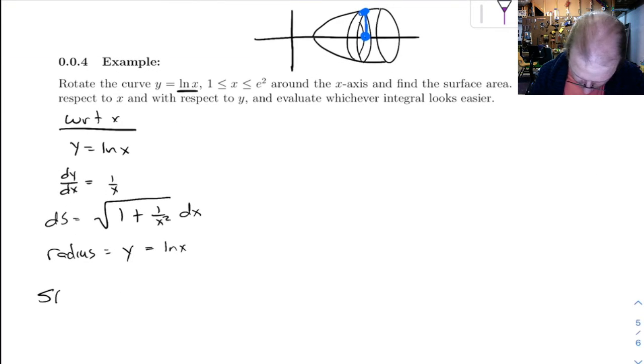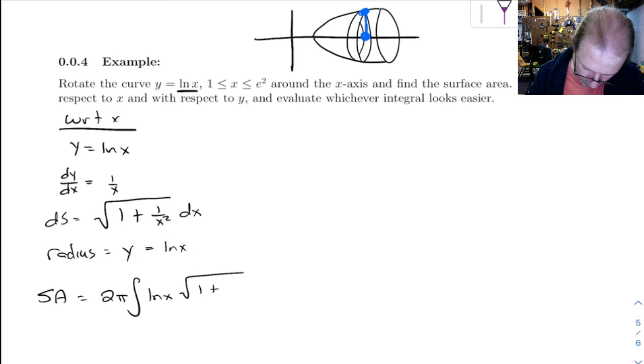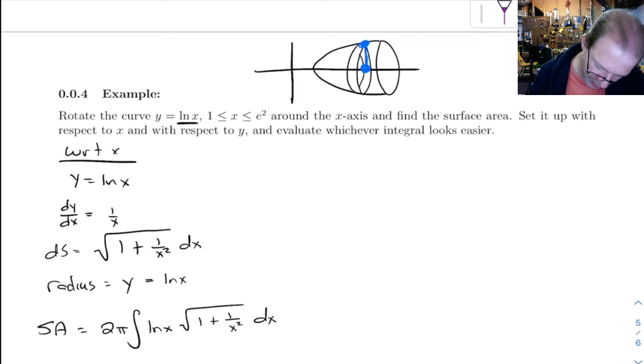So our surface area is going to be 2 pi integral of radius times ds, going from the starting x value to the ending x value. So that's from 1 to e squared. All right, so that's one of our answers.